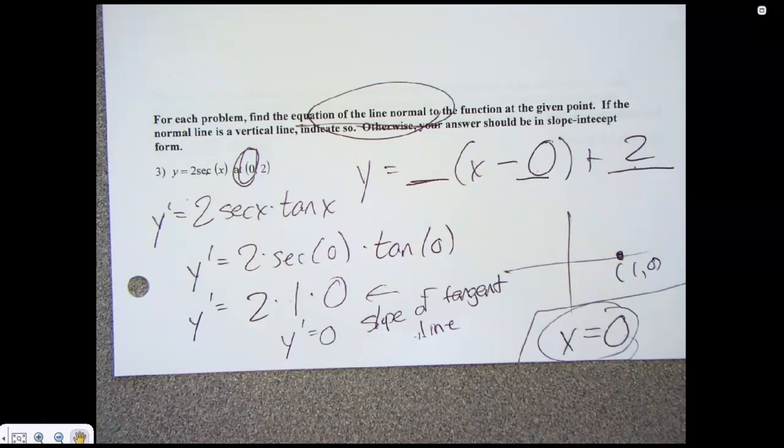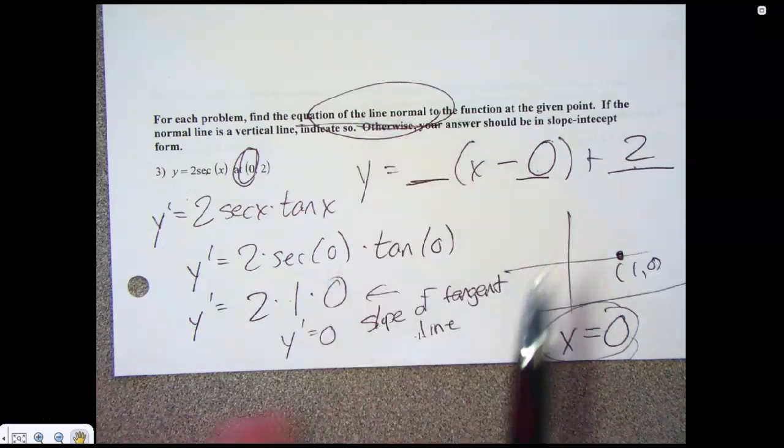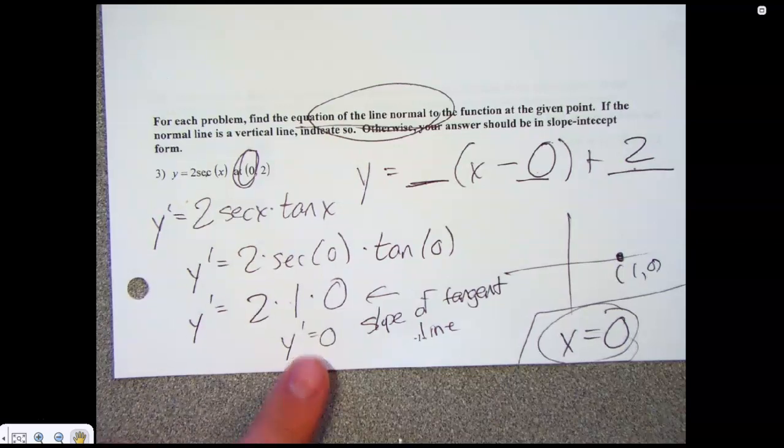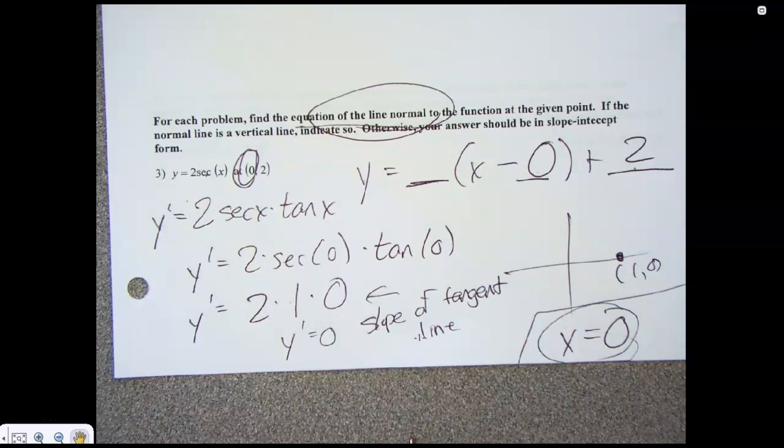Yeah? Armstrong, what's up? You're staring at me like you... I don't know, I got lost. You got lost somewhere, but you don't know where? Yeah. Okay, so I'll just do it again. Are we okay up to the derivative is 0? Is that part okay? Or did you get lost before that? That part's okay. Alright, if the derivative is 0, that means the slope of the tangent line is 0.